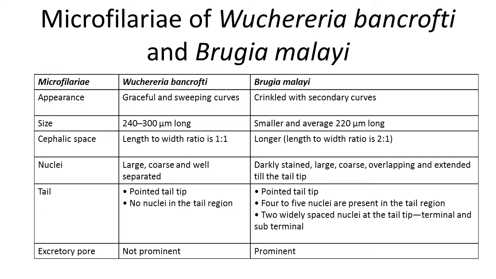So now we will discuss the microfilaria of Wuchereria bancrofti and Brugia malayi. We have to differentiate these microfilaria. When we go through the morphological features, the appearance, normally Wuchereria bancrofti shows a graceful or sweeping curve, that means a primary curve only, a single curve, less coiled.